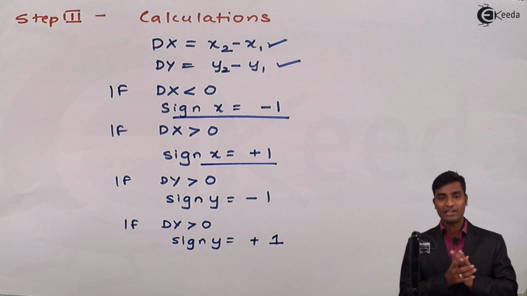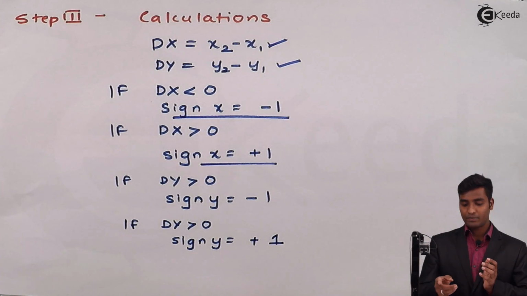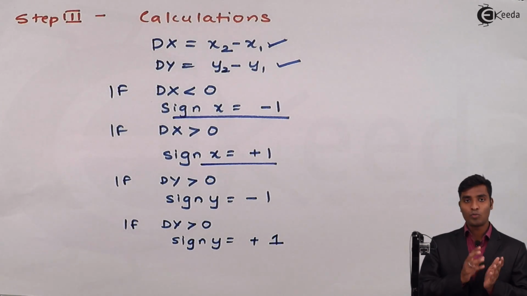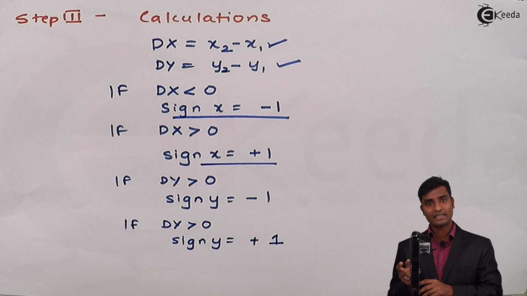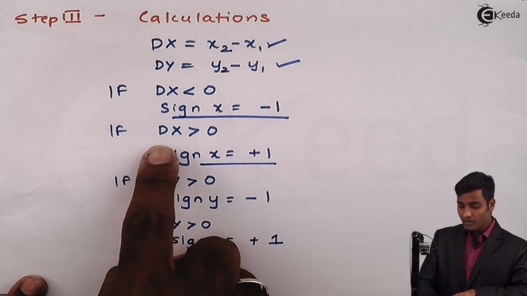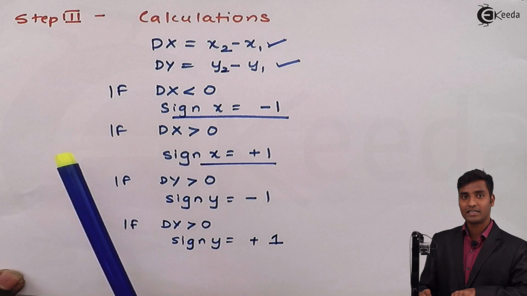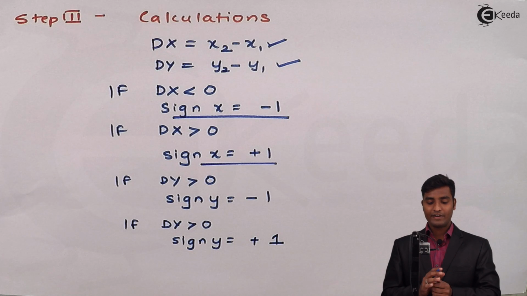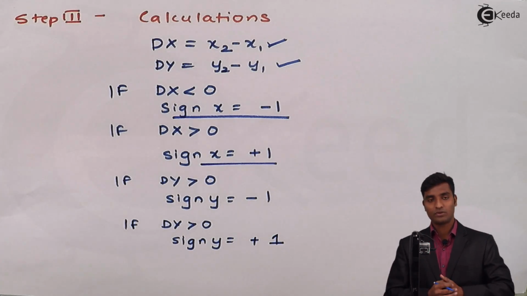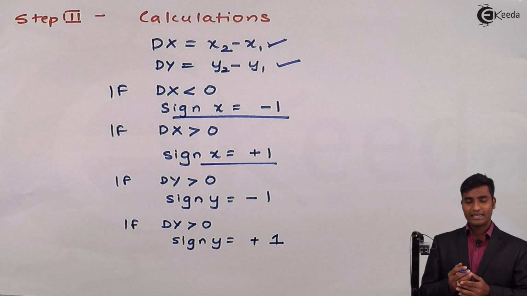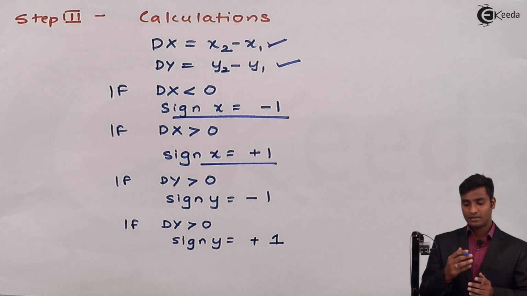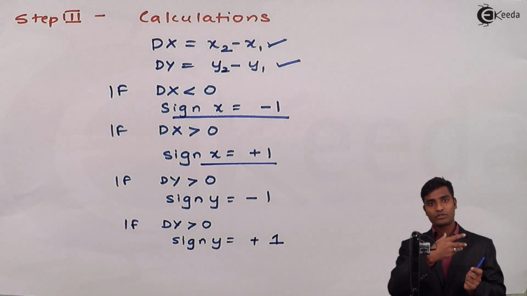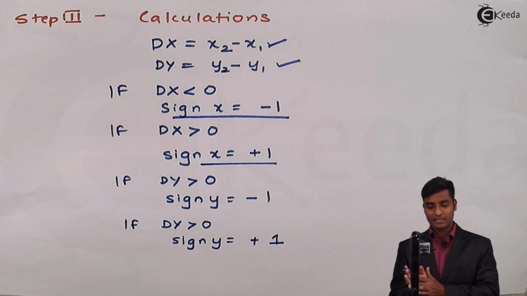That is, if we have a value of x as 2 and dx is less than 0, then we do 2 minus 1, and the final value of x I will get is 1. Similarly, if dx is greater than 0, then we take sign x as plus 1. So if the value is 2, we add 1 to the value of x, that is 2 plus 1, which will be 3.